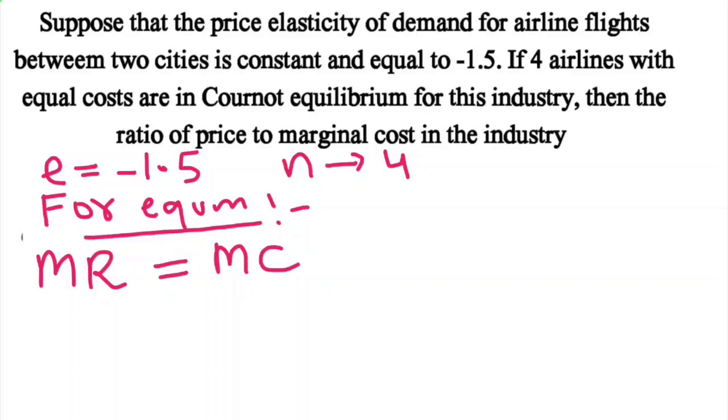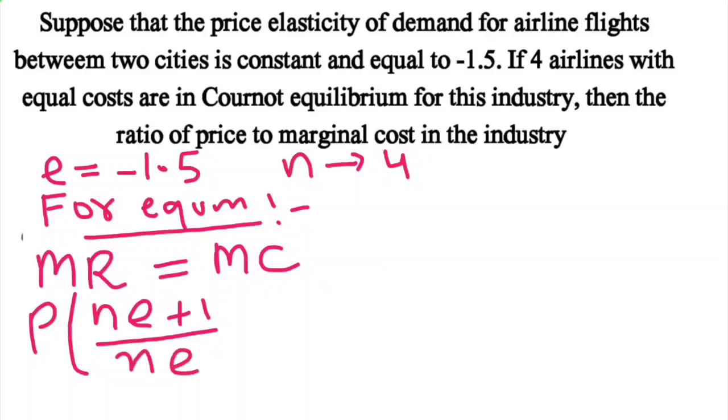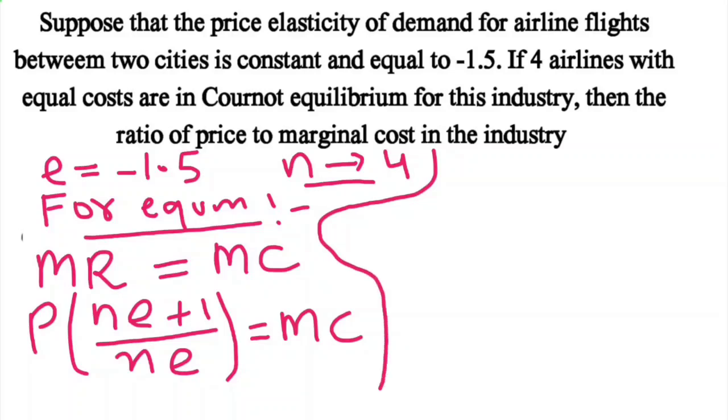Marginal revenue is simply price times n times e plus 1 divided by n times e, which should be equal to the marginal cost, where n denotes the number of firms in the Cournot competition.